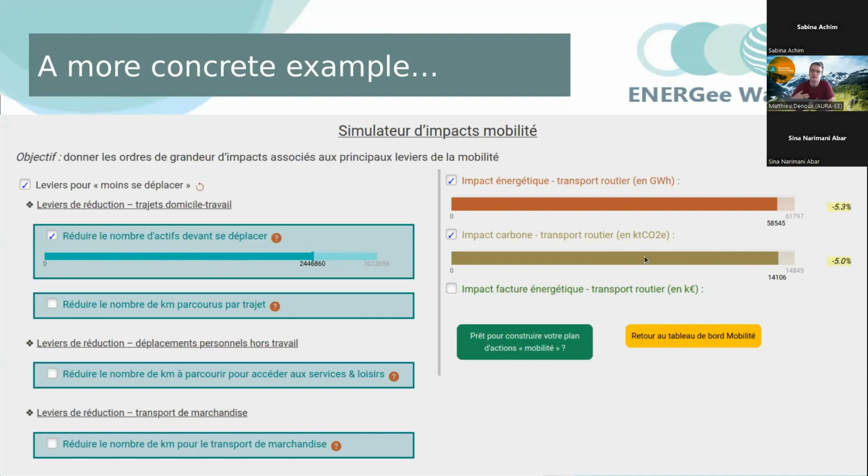So of course it's very simplified, but it helps the territories to identify what are the main actions that they could apply. Is it by providing more public transport? Is it by helping companies locate near to the centers or near to public transport? Is it to provide new services?